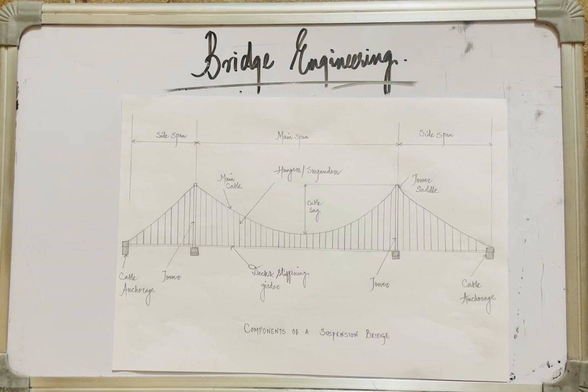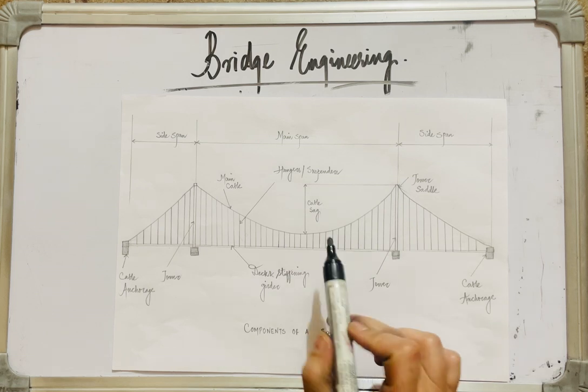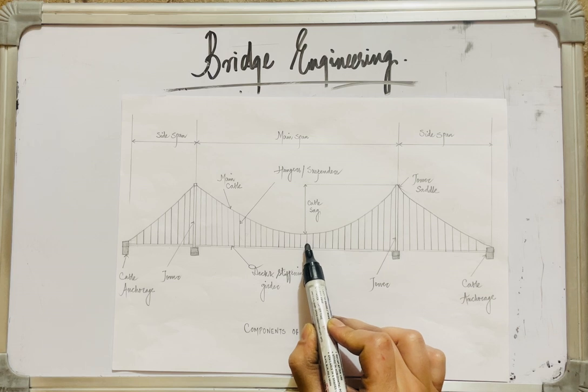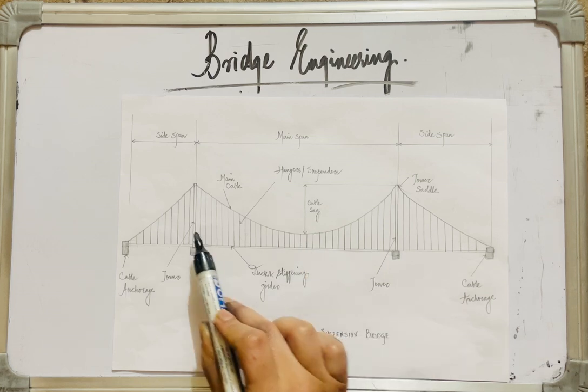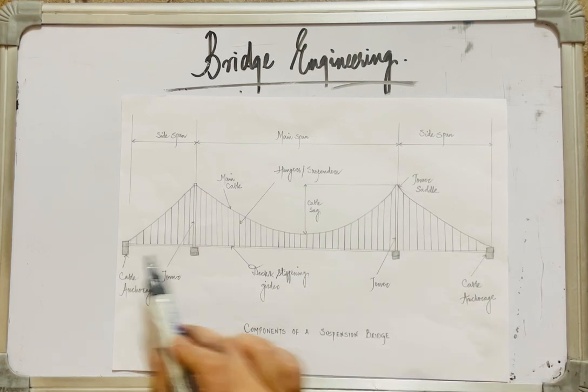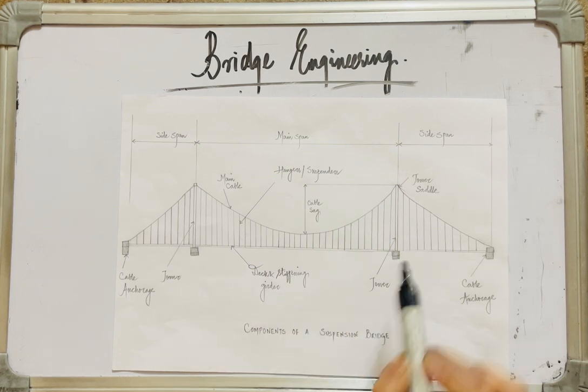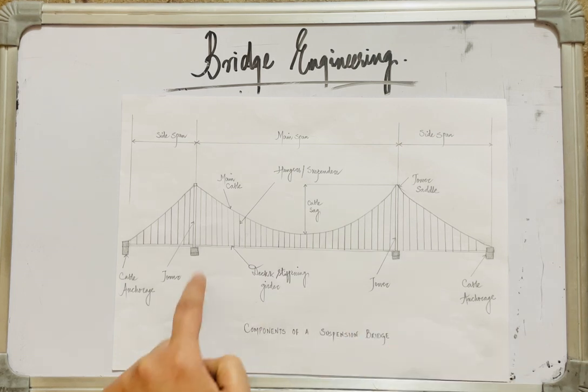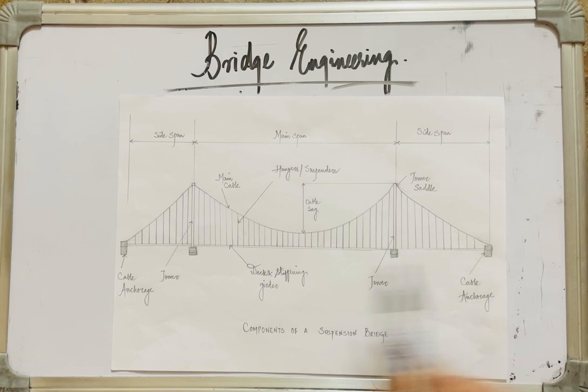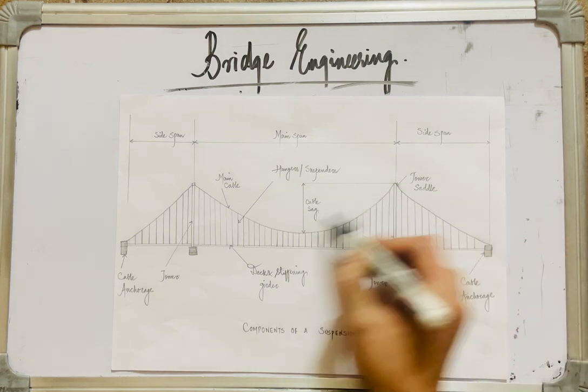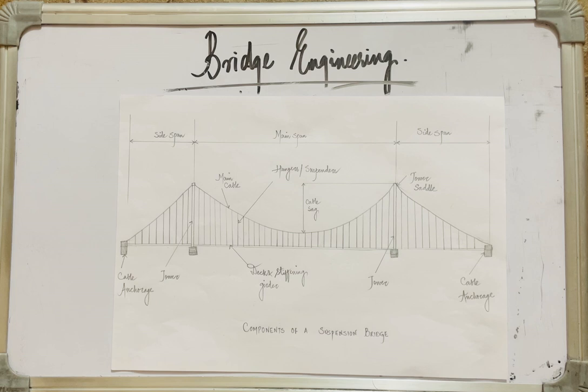The whole assembly transfers the loads from the deck, then to the hangers or the suspenders, then to the main cable, then to the towers and to anchorages, and from there below to the foundations, because these towers are embedded in the foundation and these cable anchorages are massive concrete structures which transfer the tension of the main cable, this over here, to the ground below.